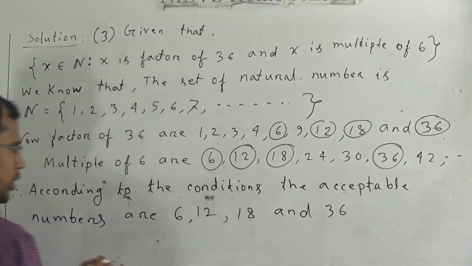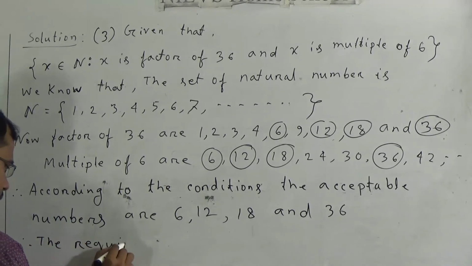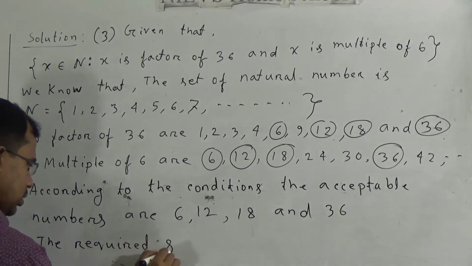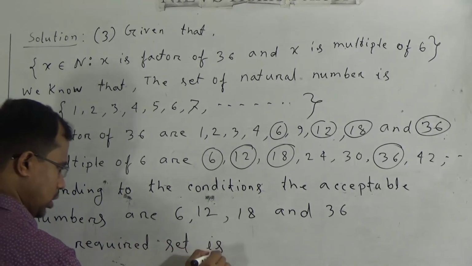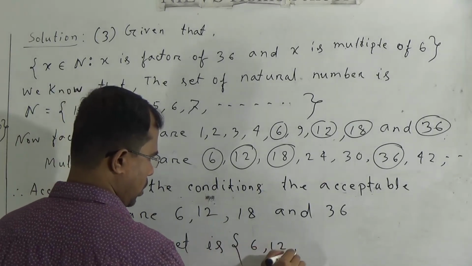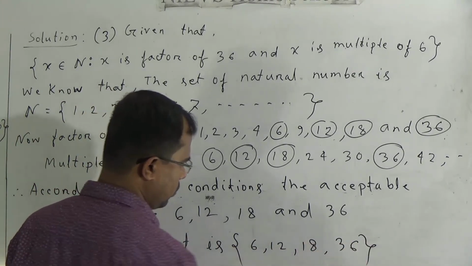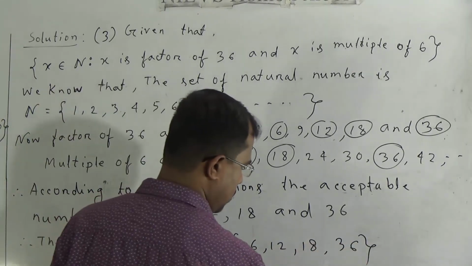Therefore the required set is 6, 12, 18, 36. This is the answer of three number.